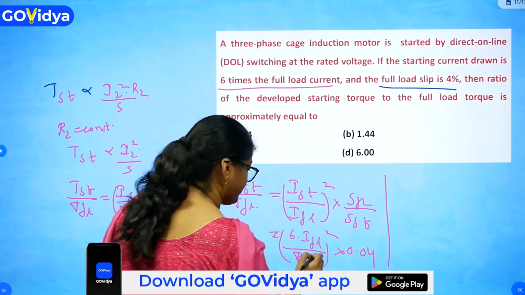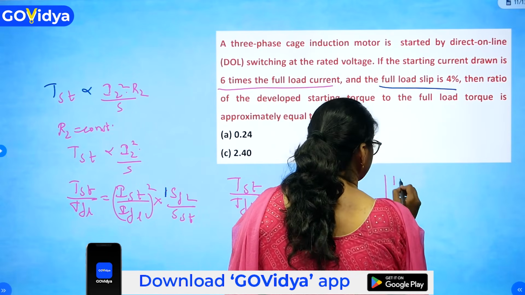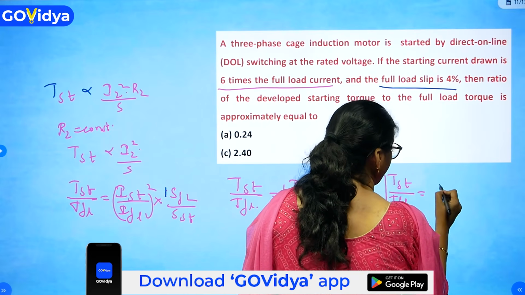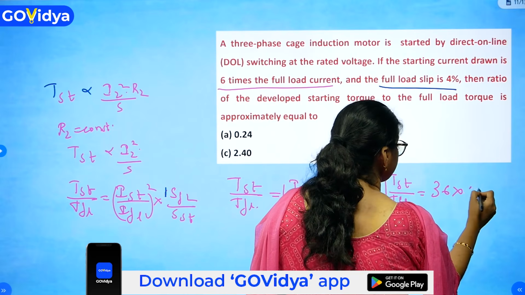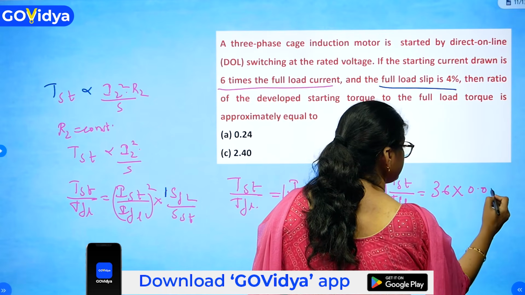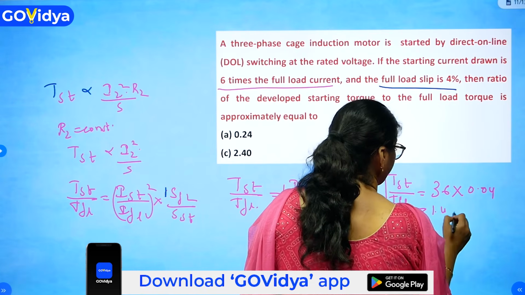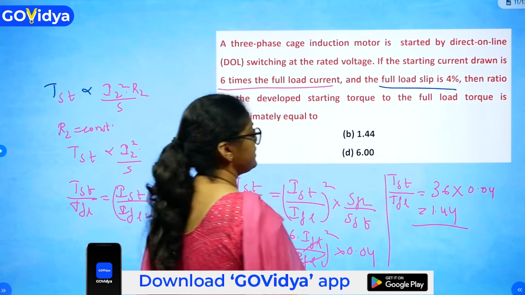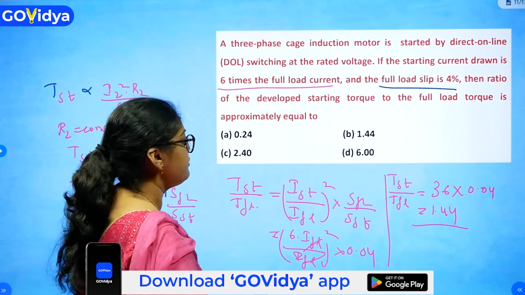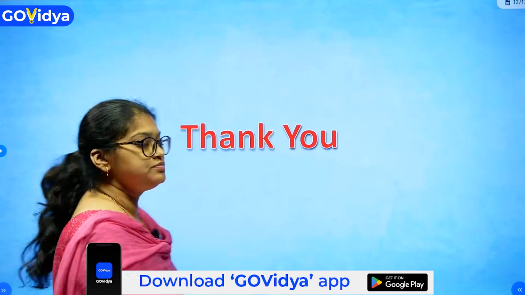IFL square will get cancelled. So you will get TST by TFL is equal to 6 square, which is 36, into 0.04, and you will get around 1.44. So the ratio of the starting torque to the full load torque will be around 1.44. So thank you everyone.